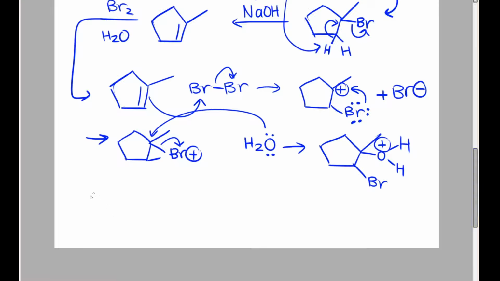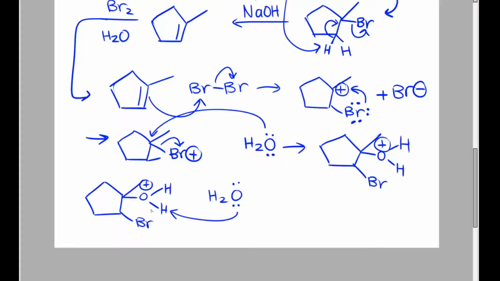So a very easy way to get rid of this positive charge is another reaction with water, because there's tons of water molecules in this solution, like trillions of them probably, and we can just do a simple acid-base reaction where the oxygen in the water molecule acts as a base and accepts one of these hydrogens, which allows this final product to have a neutral charge.